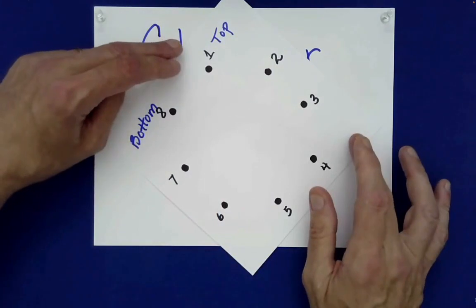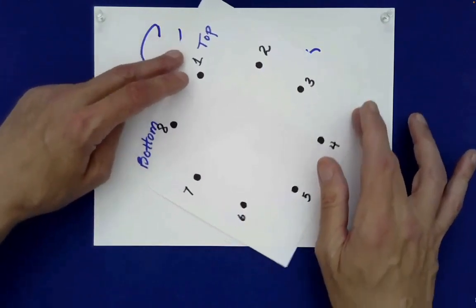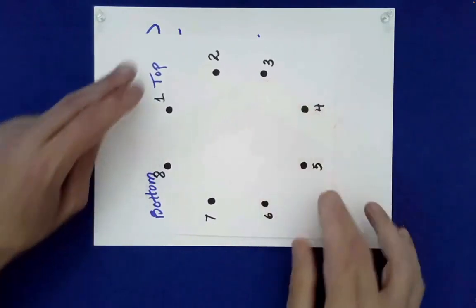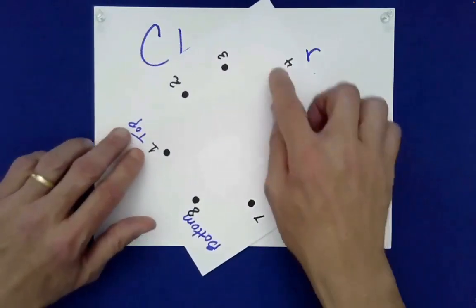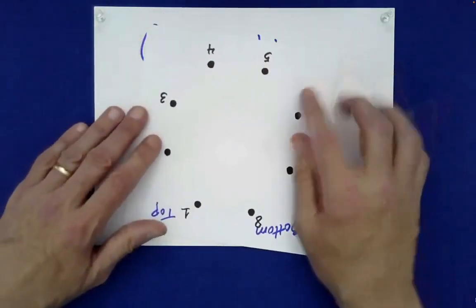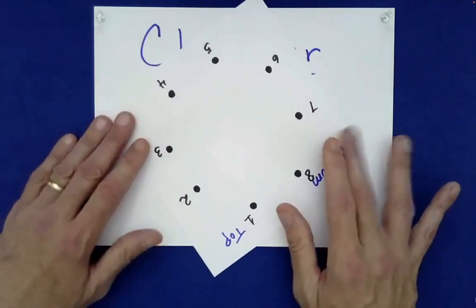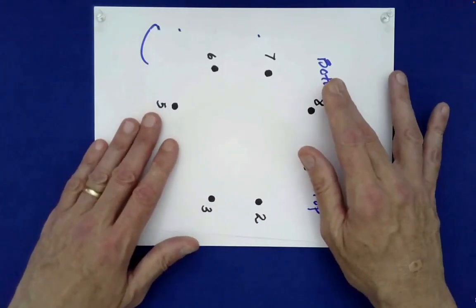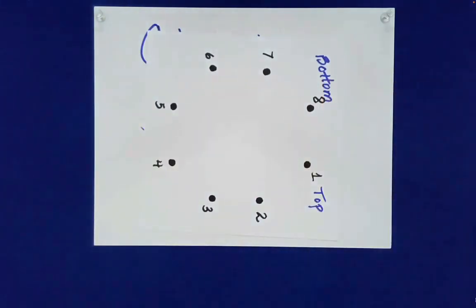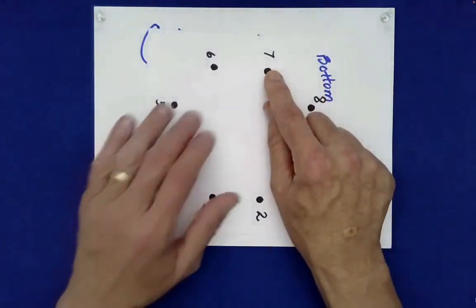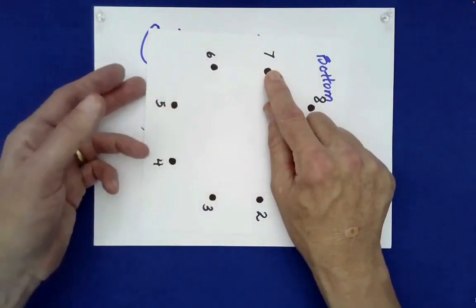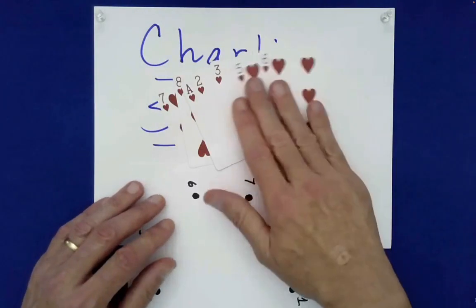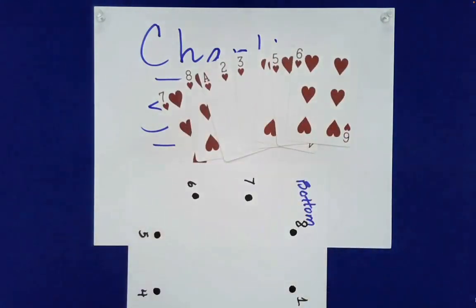And then cutting another card to the bottom rotates it so that the new top card is a 3, and then a 4, and then a 5, and then a 6, and then we actually cut 6 cards to the bottom. So that would bring the 7 to the top, and of course the 6 would be on the bottom. And that's what we see over here. The 6 is on the bottom, and the 7 is on top.